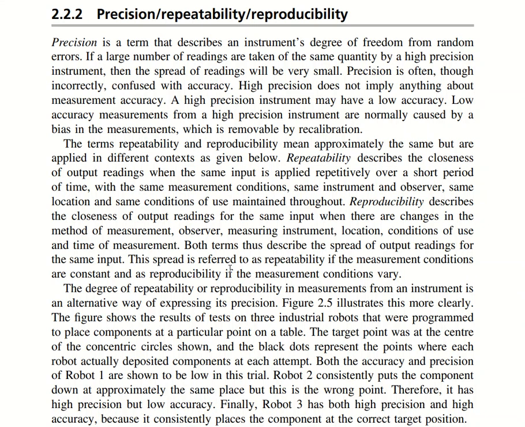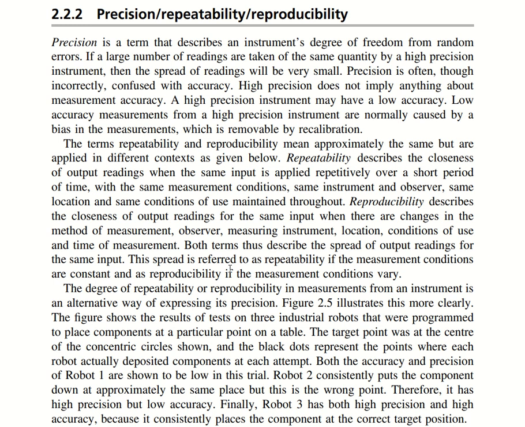And what is reproducibility? Reproducibility describes the closeness of the output reading for the same input when there are changes in the method of measurement, or observer, or measuring instrument, location, conditions of use, and time of measurement.